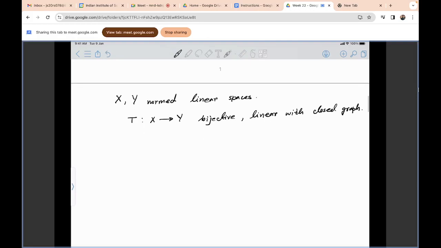So closed graph means, what is the graph of a function?